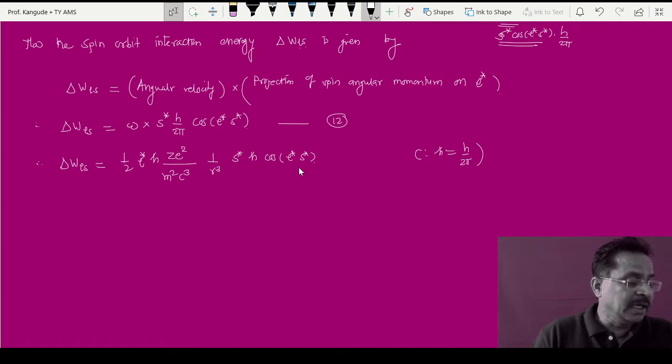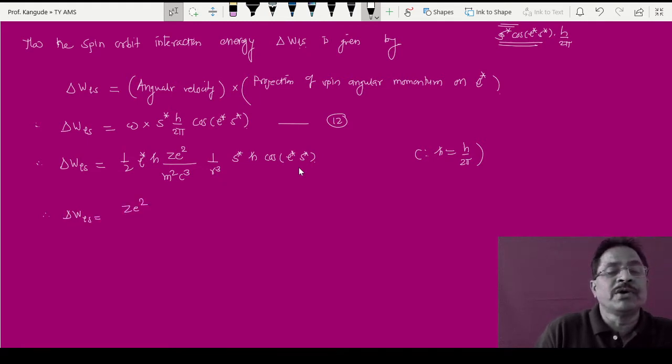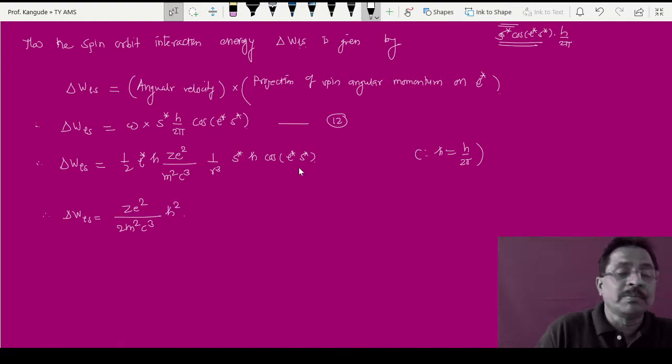Then again rearrange all these things, therefore I'll get delta WLS is equal to, now this is Z into e square divided by twice m square into c cube multiplied by h cross square multiplied by 1 upon r cube into, now this time it is L star S star into cosine of the angle between L star and S star.